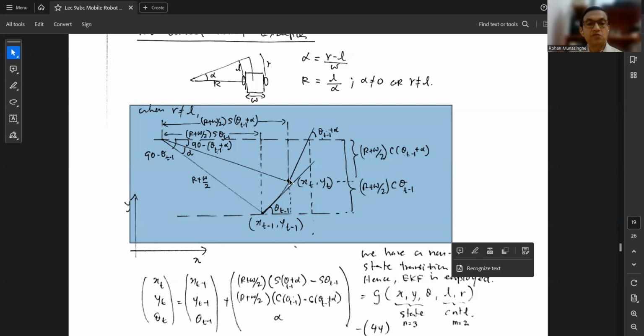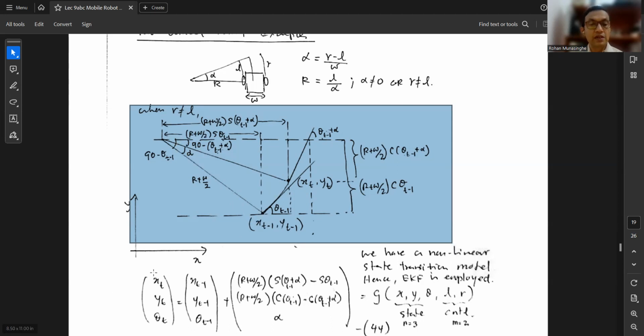It's a bit jagged, but you can see these lengths and all that. If this is theta t minus 1, right, and if this is alpha, right, you can find out these angles here. As you can see, 90 minus theta t minus 1 plus alpha. This is alpha. And you can write the equations here.